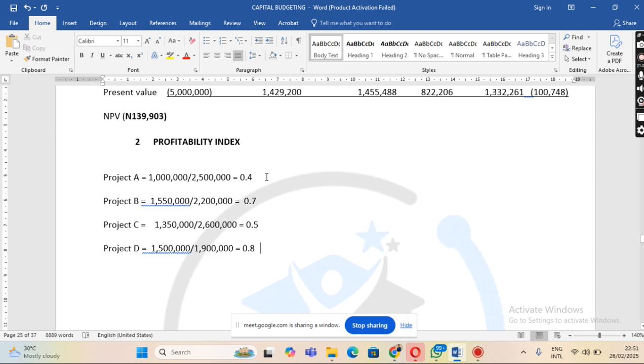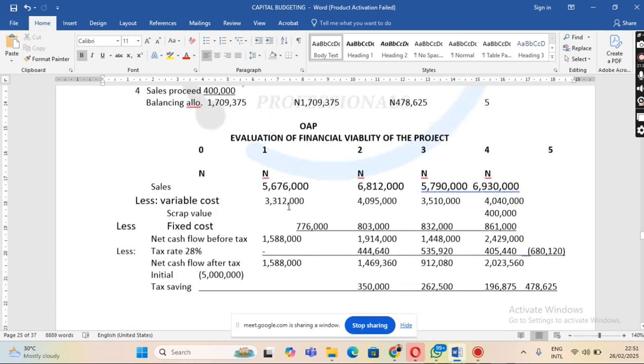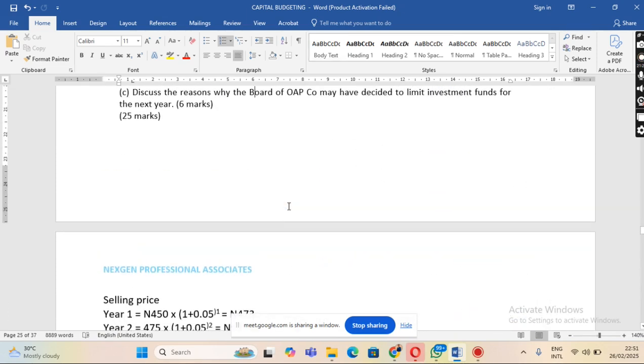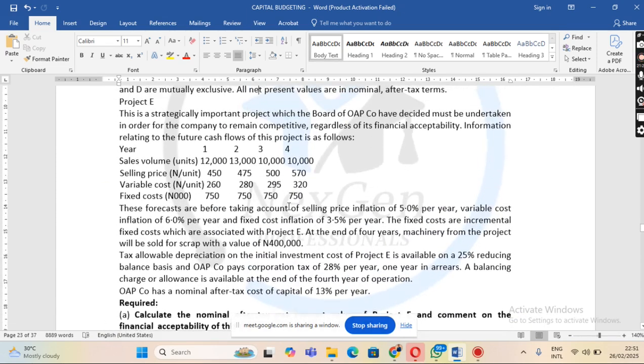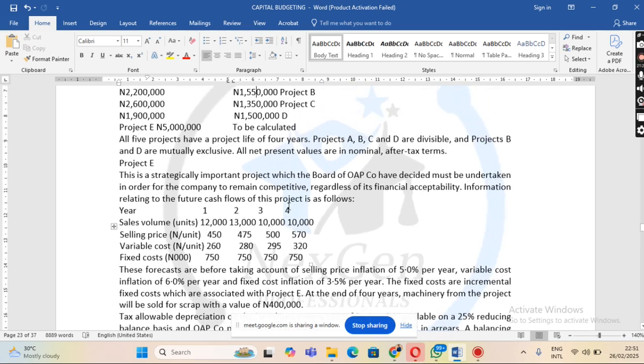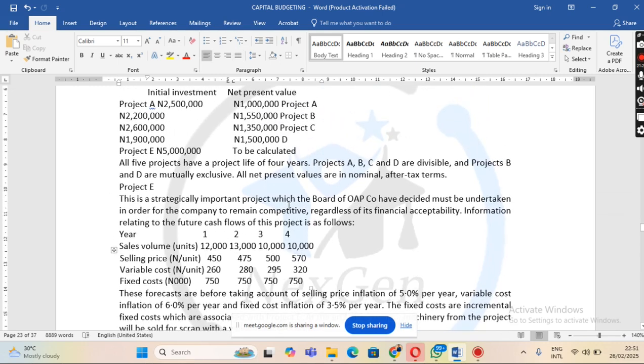The next is to rank. We were told that projects A, B, C, D are divisible projects, and projects B and D are mutually exclusive.